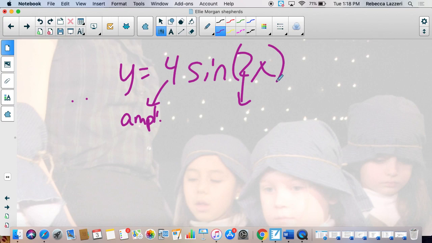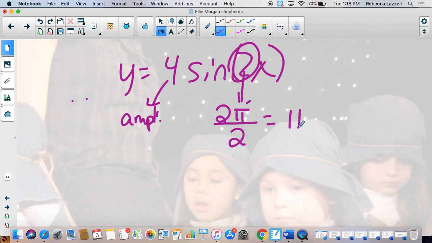Okay? 0.5x. The way to find the period: amplitude is this way, period is how long it takes it to complete the cycle, amplitude is how far away it goes from the average, from the midline. For the period, you're always going to say 2 pi, you'll start with normal, and then you'll say 2 pi over this number.